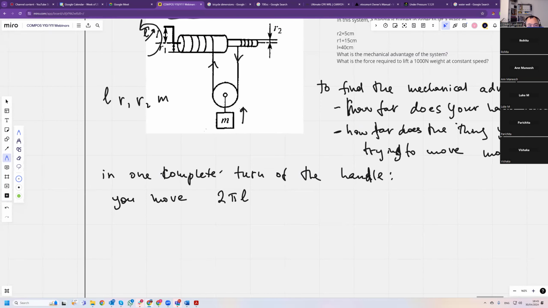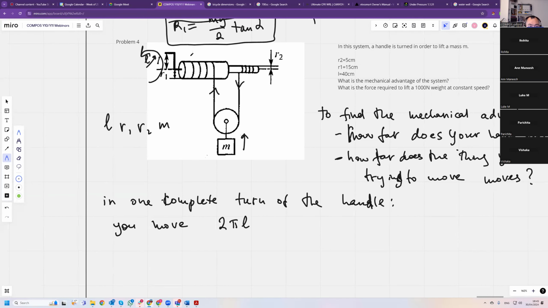Okay. Now, this bob has circumference 2 pi R1. So this rope goes up by 2 pi R1.